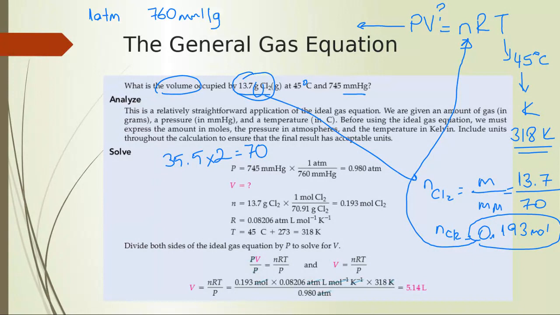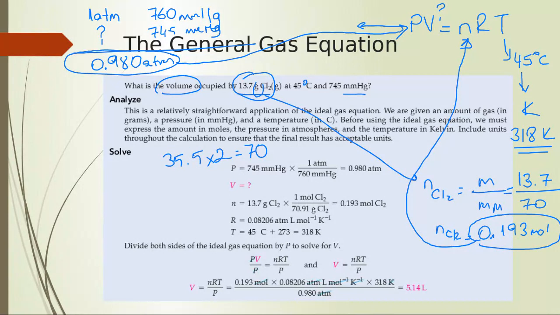But here you have 745 millimeters mercury. That means how much pressure do we have in atm unit? That will be 0.980 atm. Okay, and you will put that pressure here.